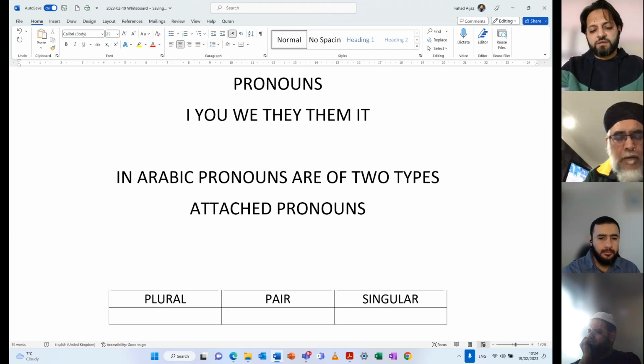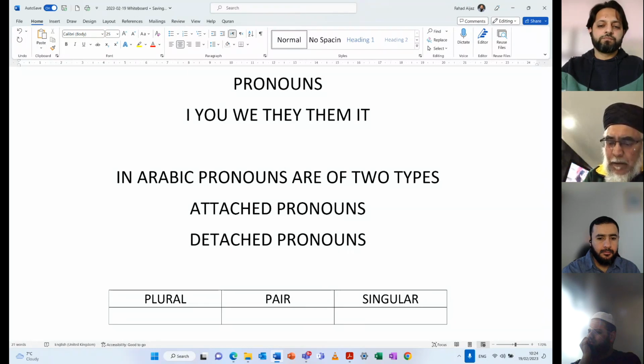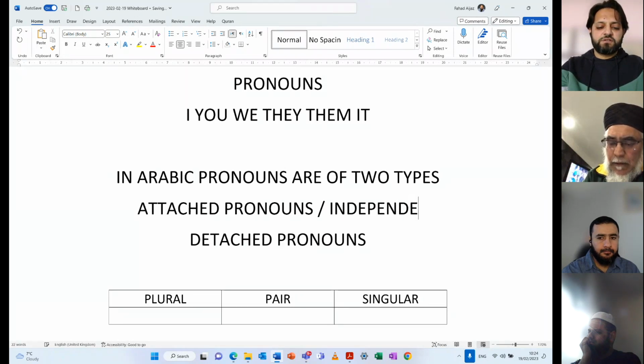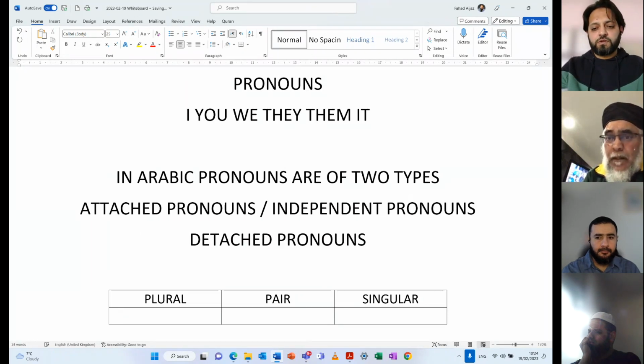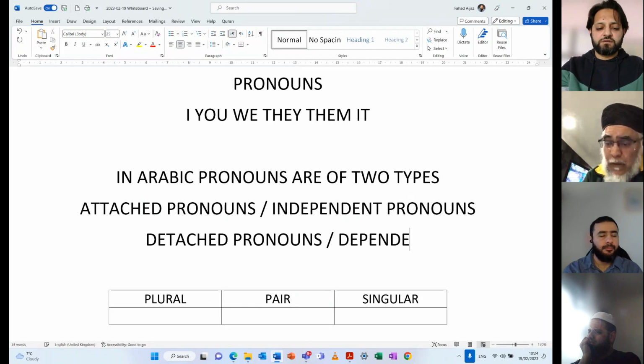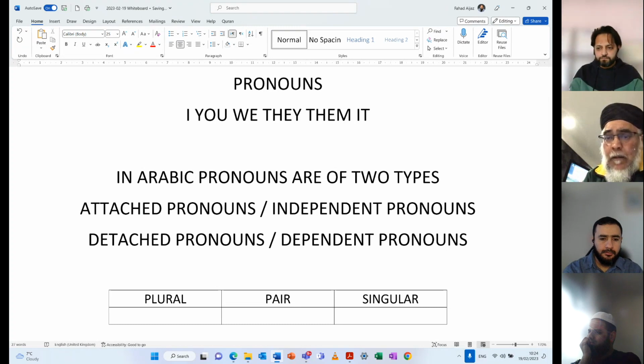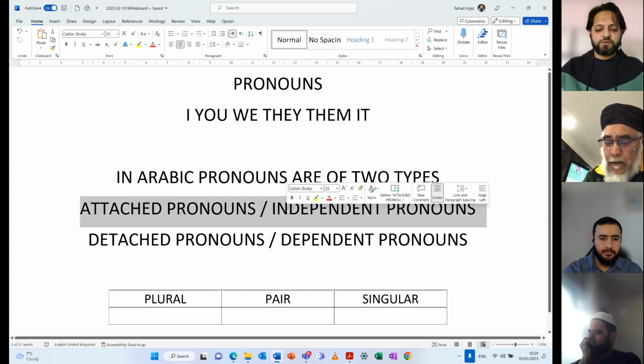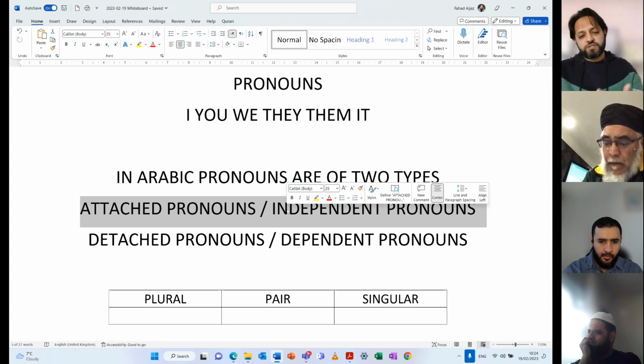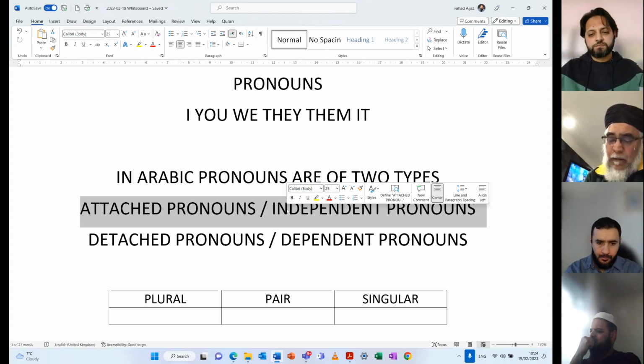And the second type is detached pronouns. Sometimes you call attached pronouns independent pronouns and detached pronouns dependent pronouns. Okay. Two categories. We'll take them one by one. We'll start with the first one, the independent pronouns, these ones. That's what we study first, and then we'll go on to the study of dependent ones.